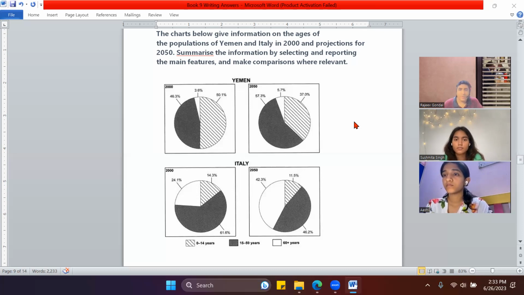And then you can talk about the projections. So that's it. Just that in these kinds of graphs, since it talks about future trends, you'll have to use words like it is estimated to, it is speculated to, those kinds of terms. But the rest of the rules remain the same.